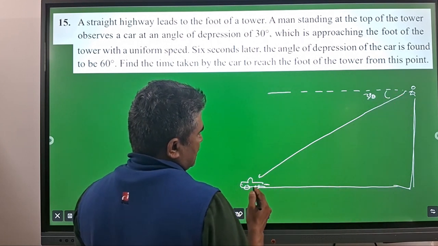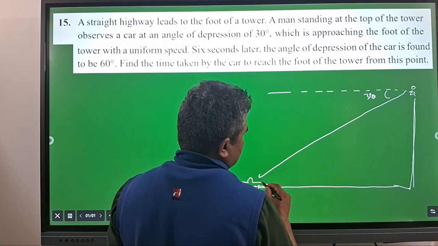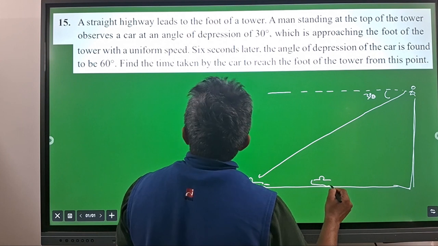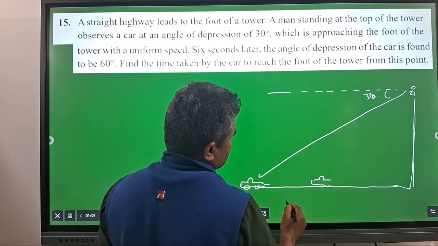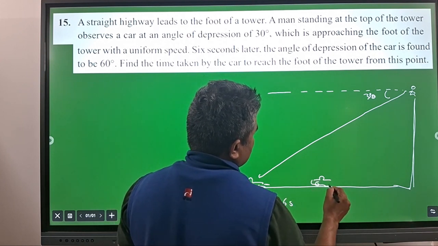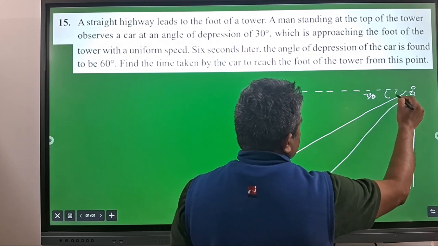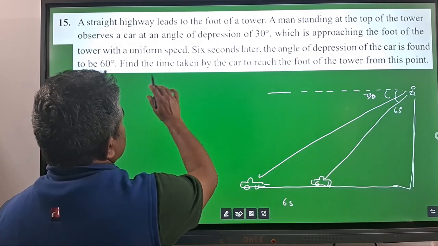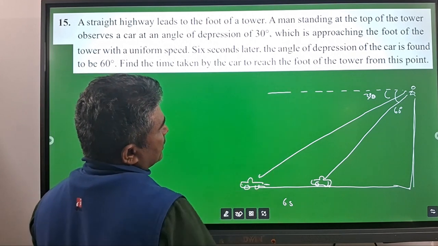At first, the car is moving with uniform speed toward the tower. So assume that after 6 seconds, as given, it is here and it is observed with a depression angle of 60 degrees. We need to find the time taken by the car to reach the foot of the tower.